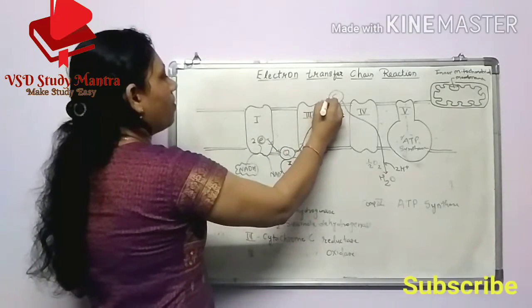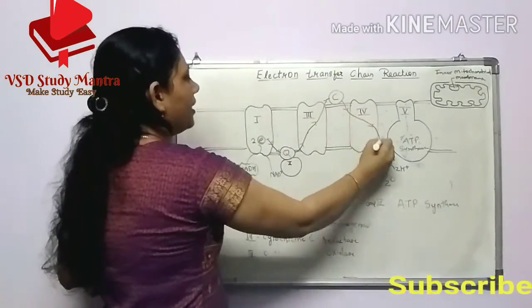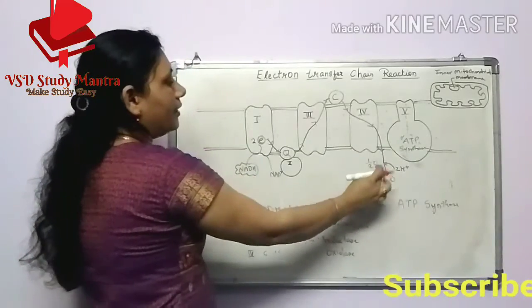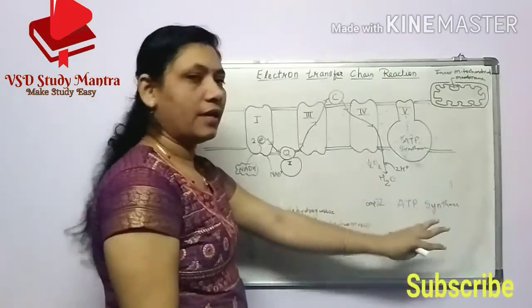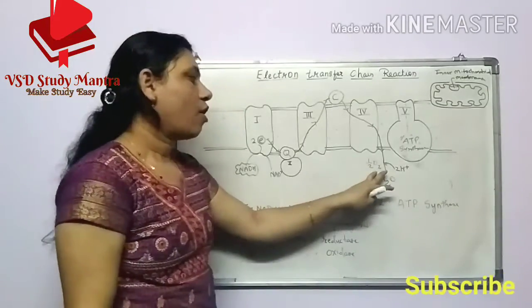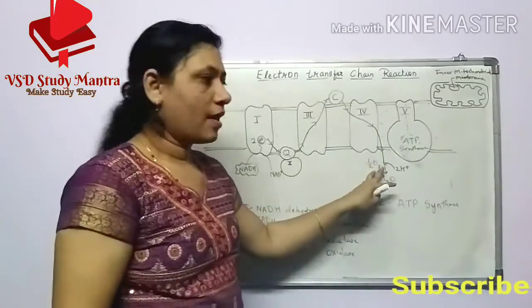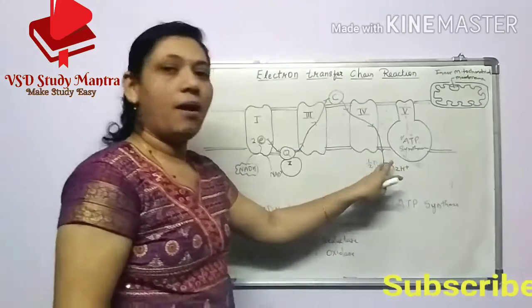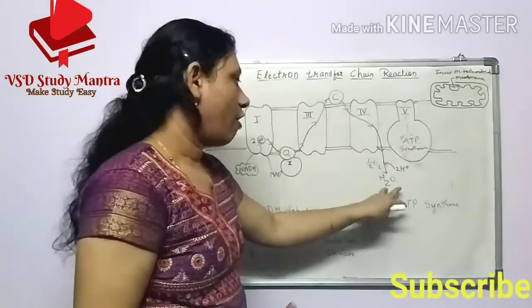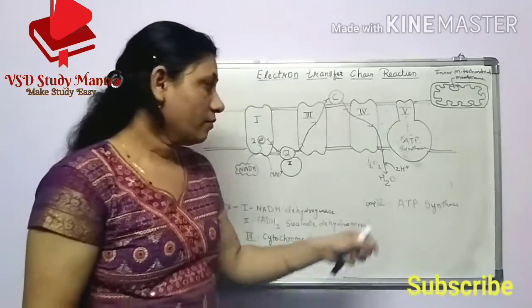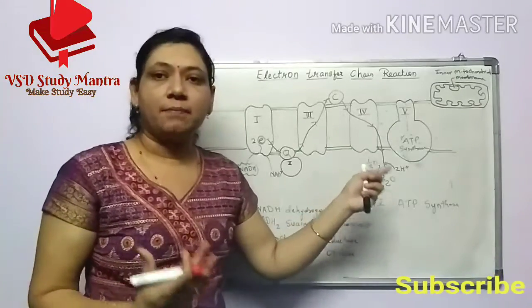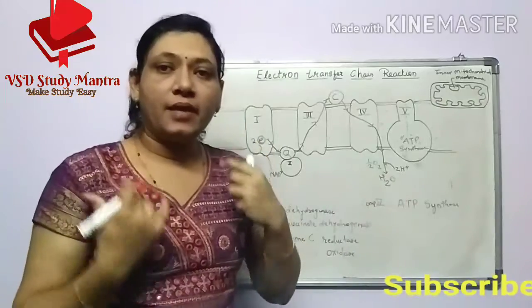So this process passes through all these complexes, where oxygen is accepted and mixed with the protons to form H2O, that is water. Here oxygen is supplied from our breathing.